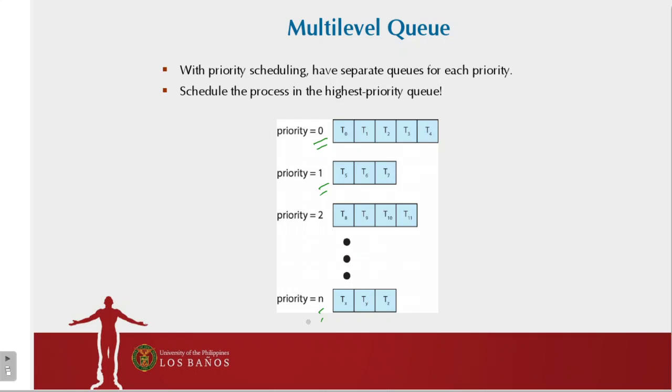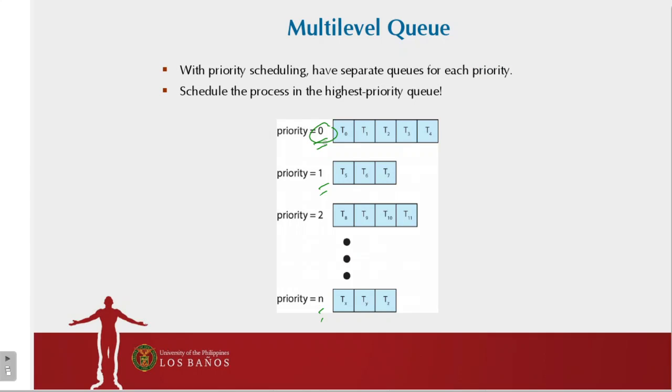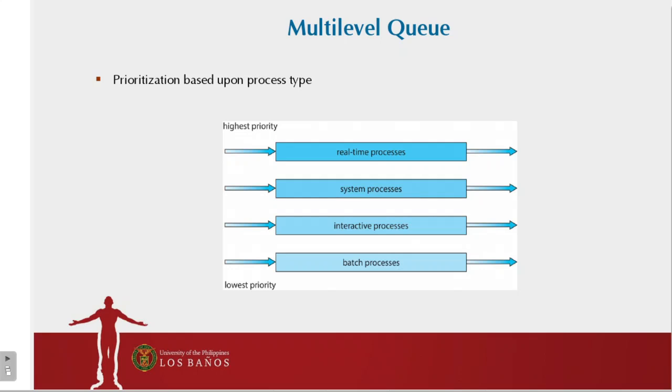Actually, in the early schedulers for Linux, they maintain different priority queues, and the scheduling happens first by scheduling processes on the highest priority queue. And the prioritization can actually be based on the type of the processes.